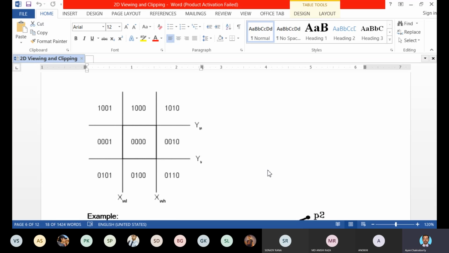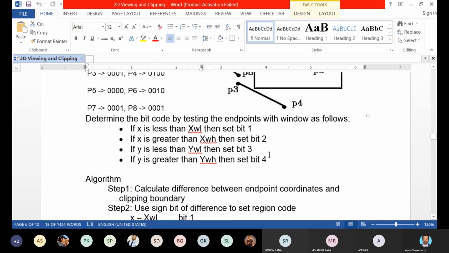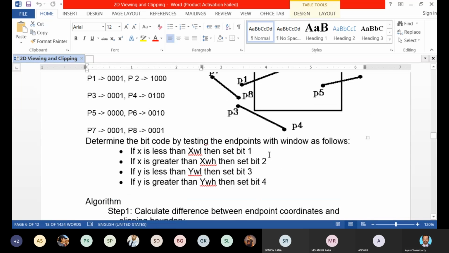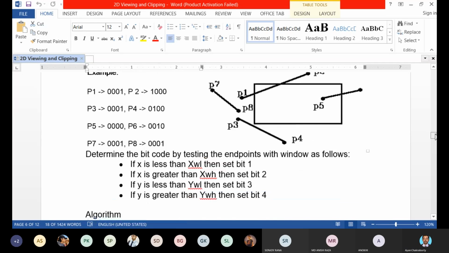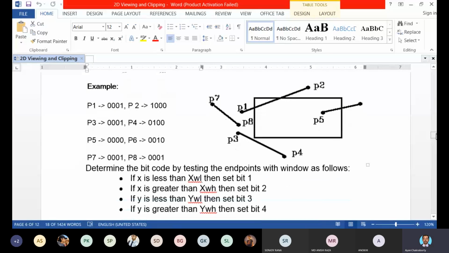Now we will see how this logic has been implemented, how the region codes and regions will help us find out the clipping area of a line according to the Cohen-Sutherland line clipping algorithm. With an example, we will find out the logic, how this region code and regions will help us.